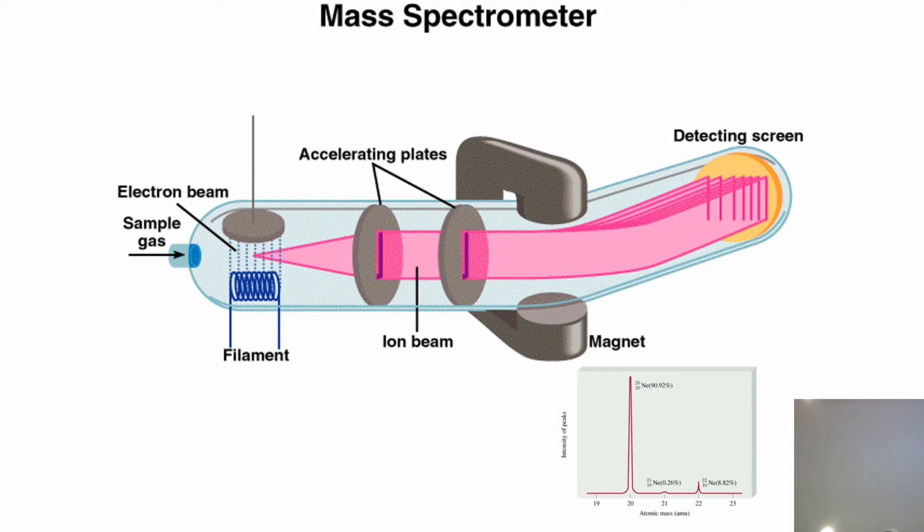This is a schematic diagram of what that looks like. In this example, a gaseous sample is injected into the instrument and then bombarded by a stream of high energy electrons in this region. These are the electron beams, and this transforms the gas molecules into ionized fragments.